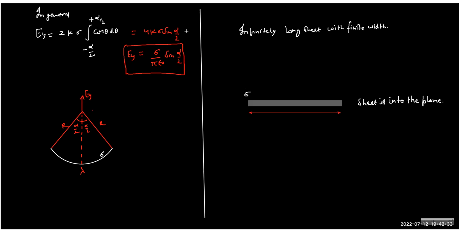So let's say we have a point P on the line of symmetry. I can make it asymmetric as well, but let's keep it simple for the sake of solving. So let's say h is the height. So can you find the net electric field at point P?